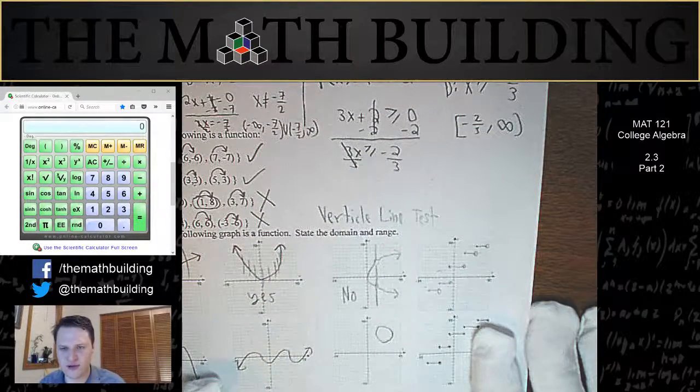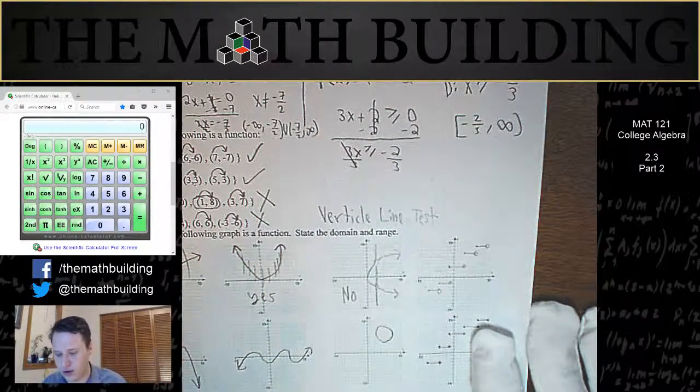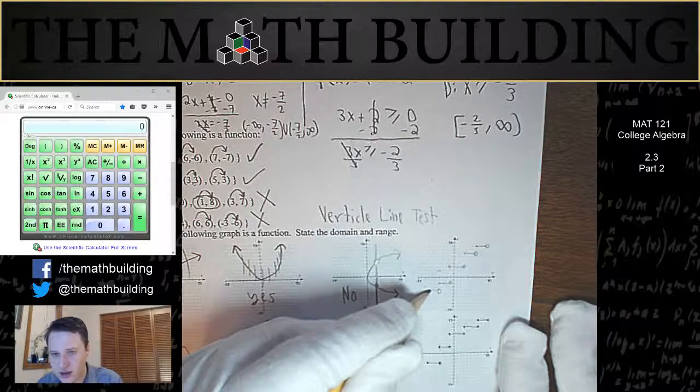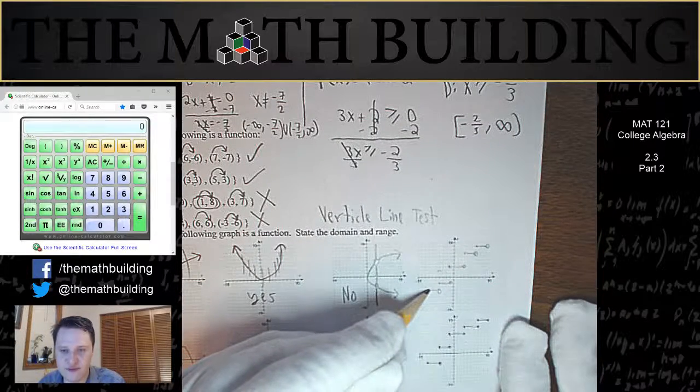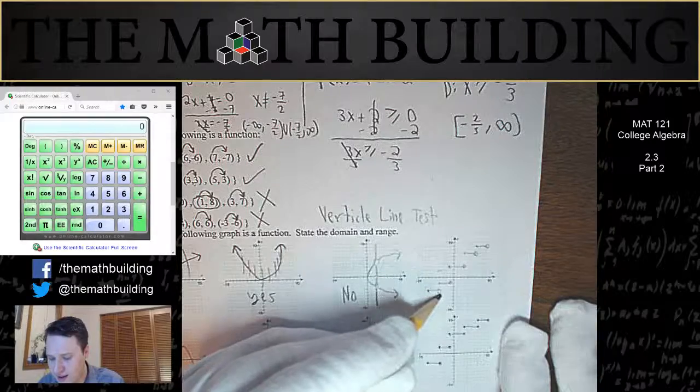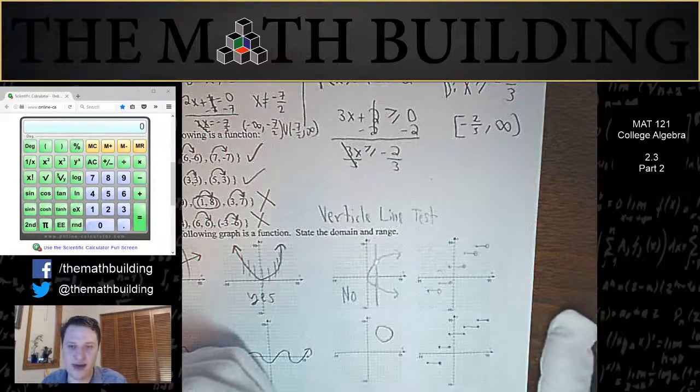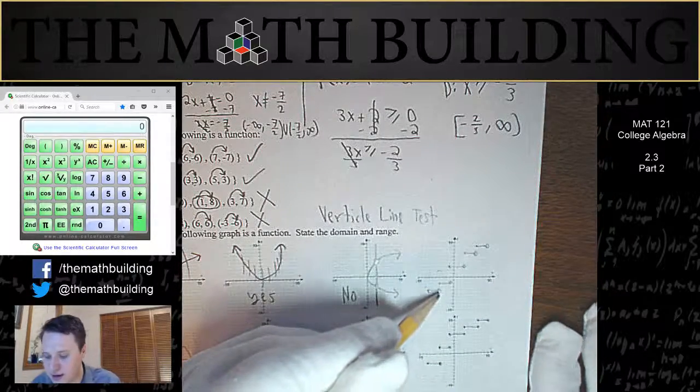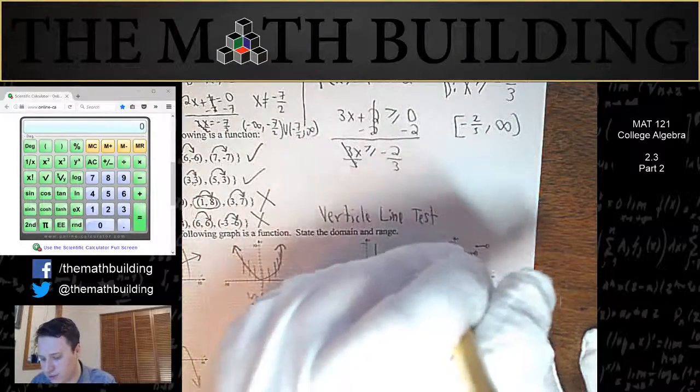This function looks kind of strange. It's called a piecewise function. You see I have a solid dot, which means I do have graph, then a line, and then an empty dot, which means I don't have graph at the empty dot. So is this a function?